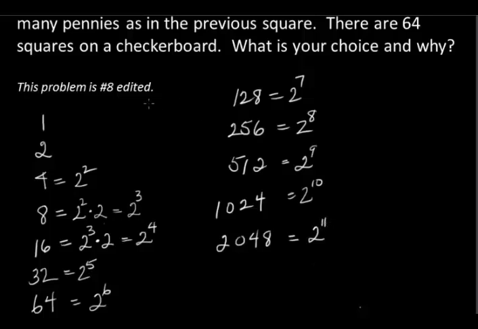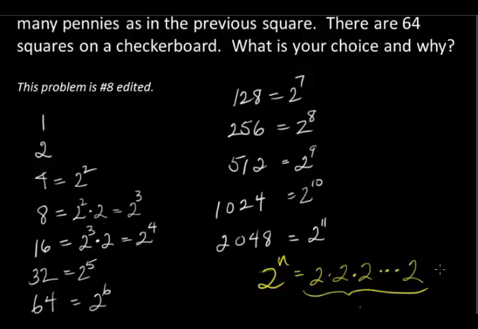Now, just to make sure, words are very important. We are collecting powers of 2. We are looking at expressions 2 to the n. In other words, 2 times 2 times 2 and so on times 2, n factors of 2.